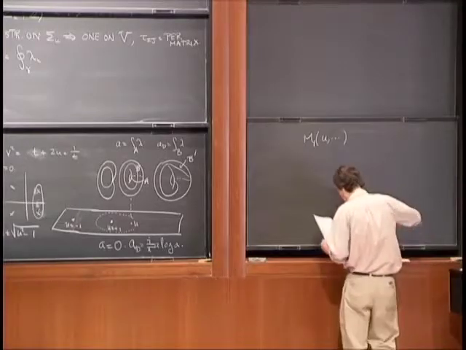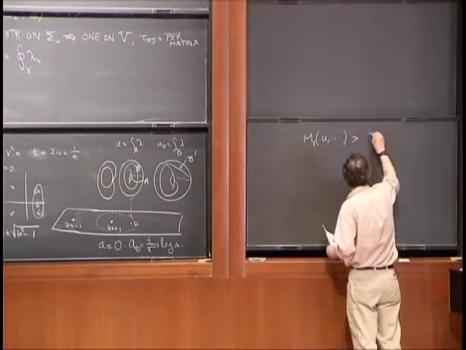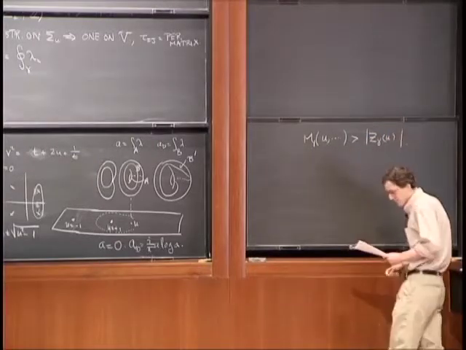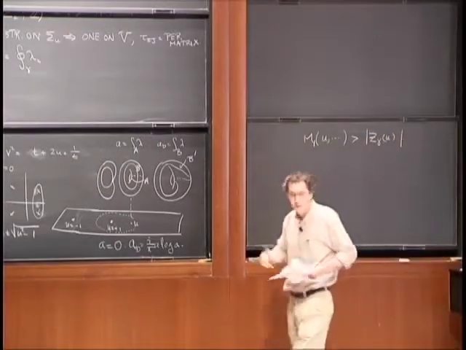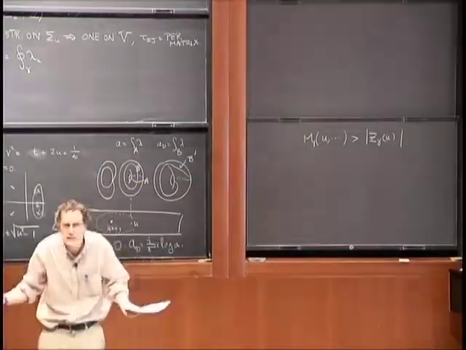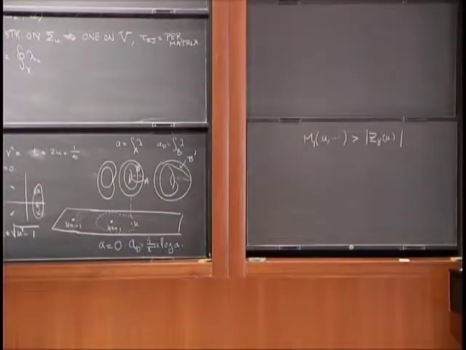Well, in general, this mass will be bigger than z sub gamma of u, and then it will be a long representation, and we don't want to count it because its mass is complicated. It depends on all sorts of other parameters, in particular, for example, hypermultiplets, in ways we cannot control by holomorphy.